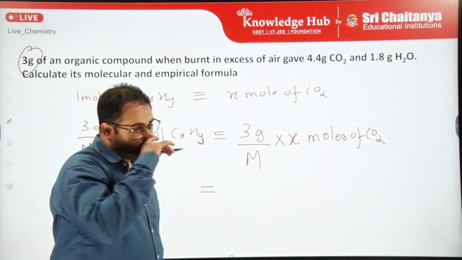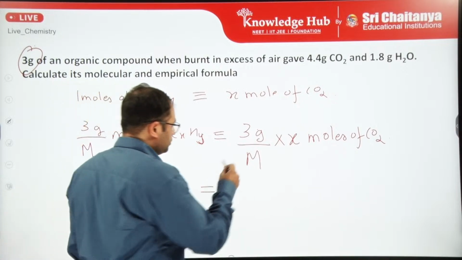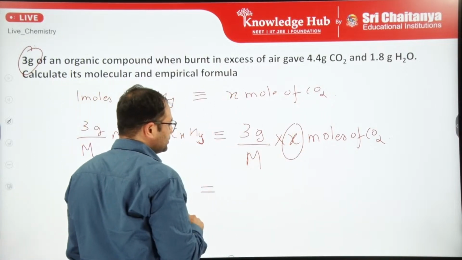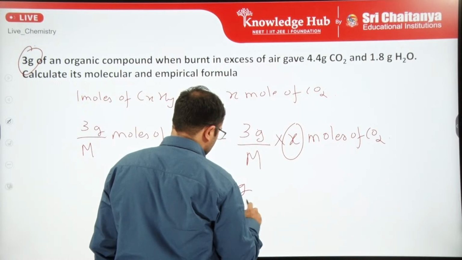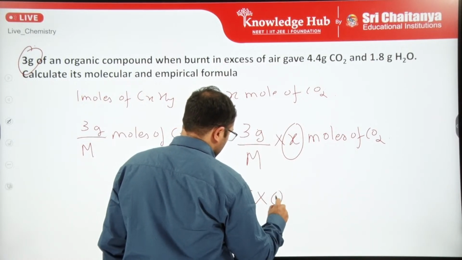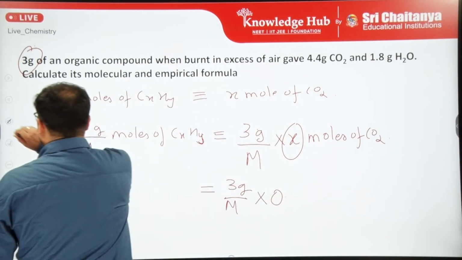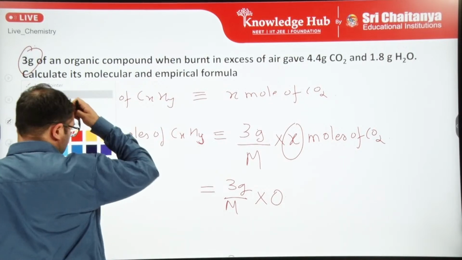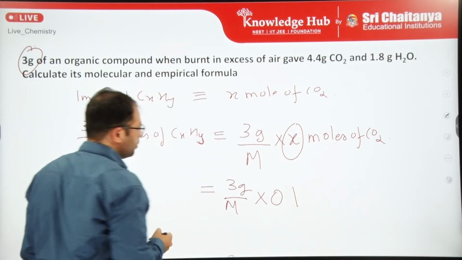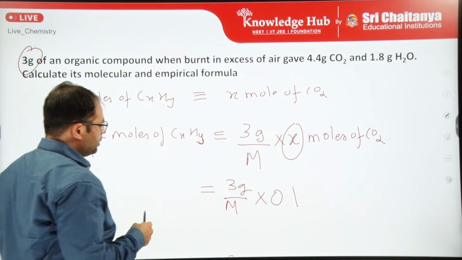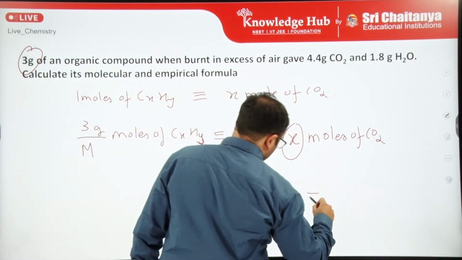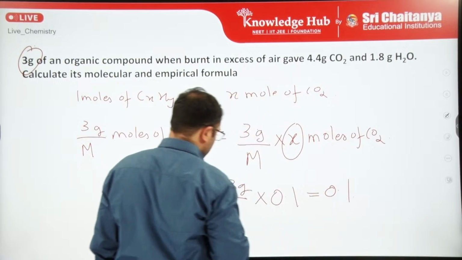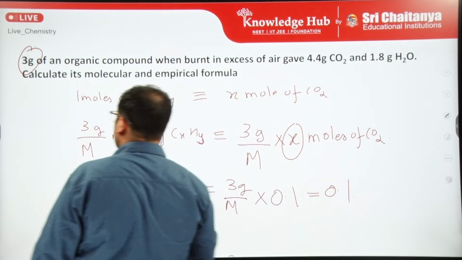And how many moles of carbon dioxide have you actually gotten? What is the value of X? Right, 0.1, and the total carbon dioxide mole is 0.1, right.